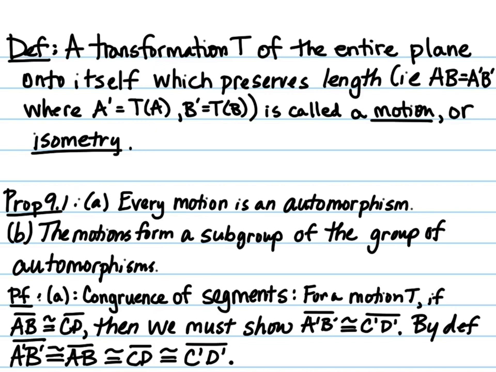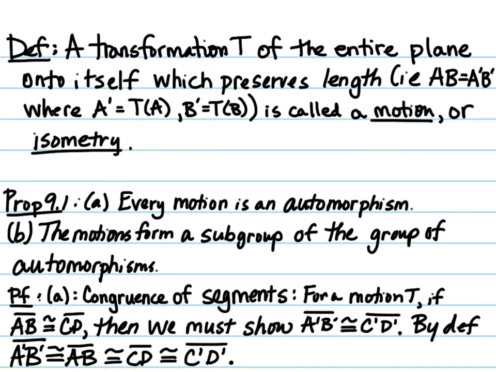Segments are not the only thing that we would want to be congruent to one another. What's another thing we might want to be congruent when we're talking about preserving these ideas? Angles, and that's our next piece. So the second one we're going to look at is congruence of angles.